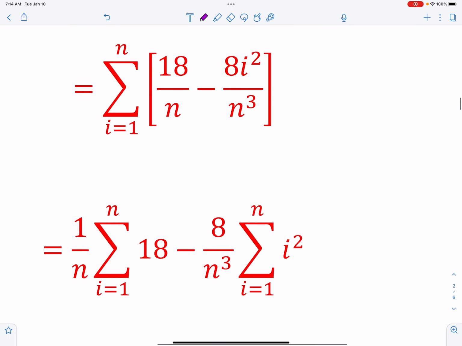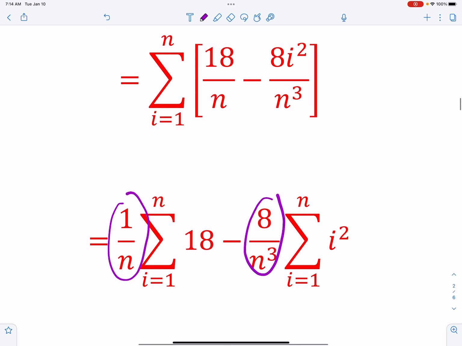We can treat 1 over n and 8 over n cubed as constants, right? Because if you were to assign a number of rectangles, like set n equal to 4, 6, or 100, you would be able to pull out that constant in order to evaluate the sum. So we're able to treat n as a constant.